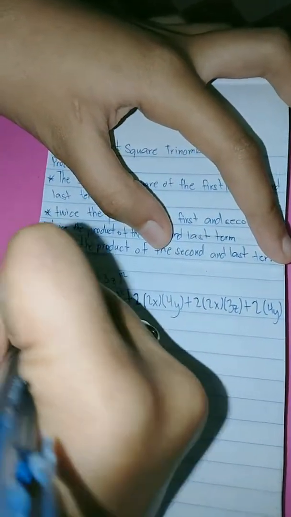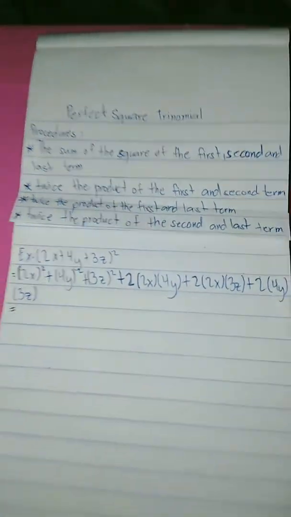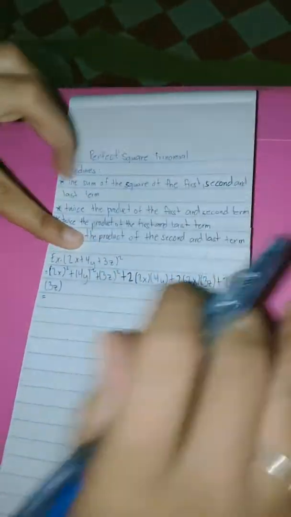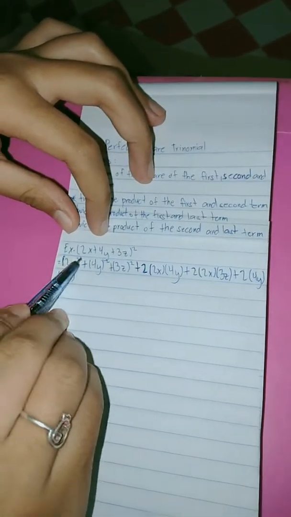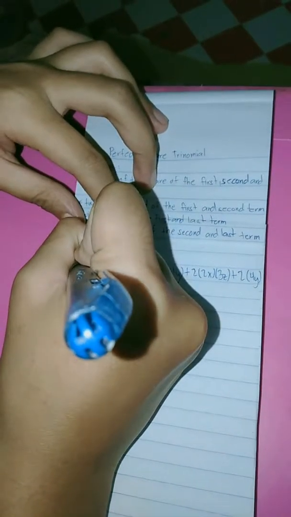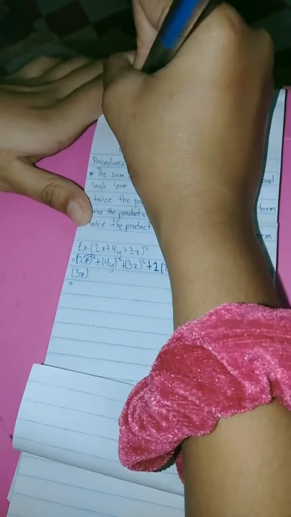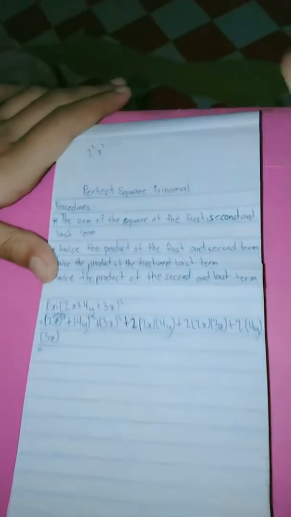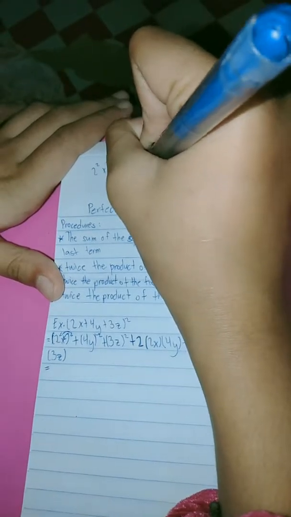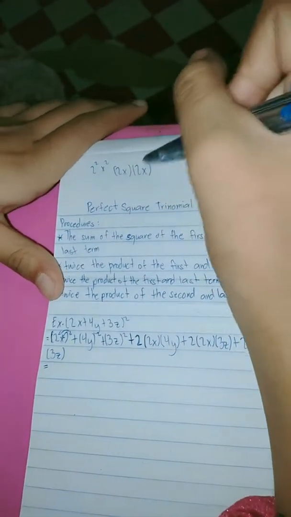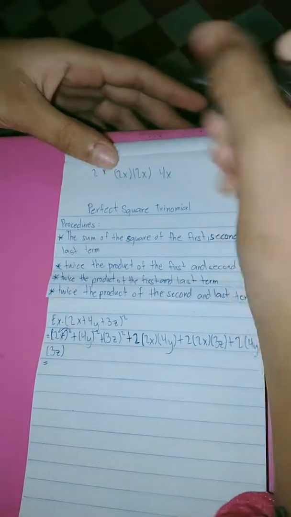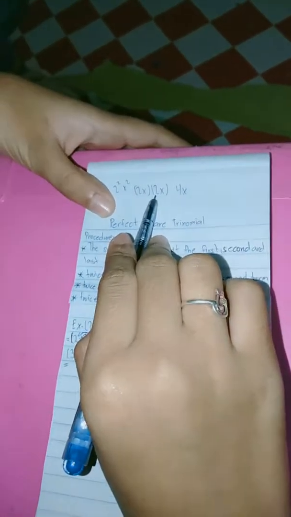Then, next. Like what I said, you will distribute this to the 2 and the x. So it will become 2 squared and x squared, or 2x times 2x. 2x times 2x equals 4x because 2 times 2 equals 4.